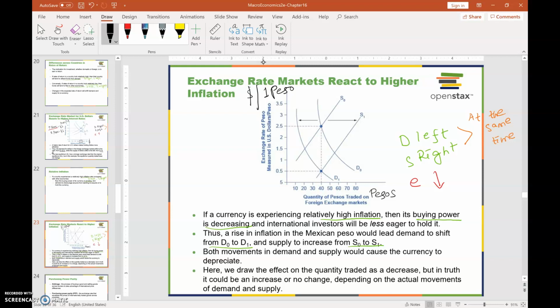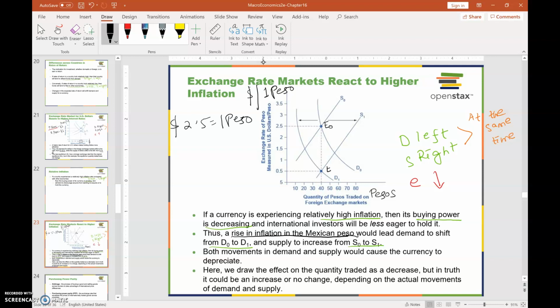The initial exchange rate is $2.5 equal to 1 peso, where the demand curve and the supply curve intersect at E0. A rise in inflation in Mexico is detrimental to the Mexican peso, and this will shift the demand curve for pesos to the left and the supply curve for pesos to the right at the same time.